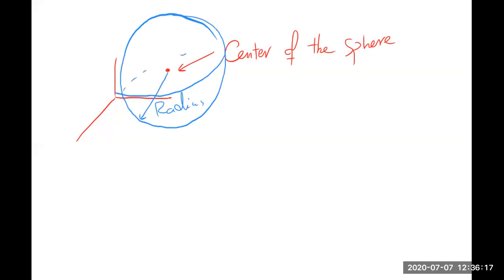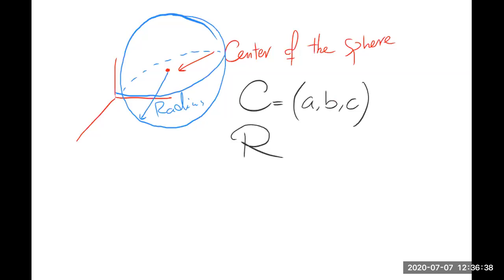And using that, we can draw the sphere. It's kind of the surface of a ball around that point. It's a two-dimensional thing now. The center now needs three numbers as its coordinates, say a, b, c, since it's something in three-dimensional space. And radius r is just a positive real number.